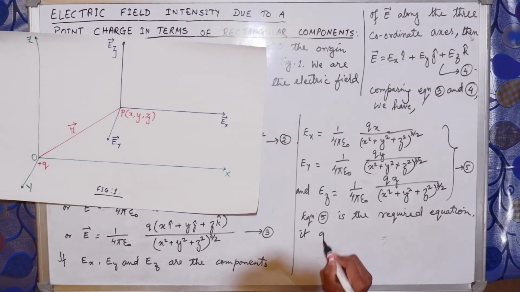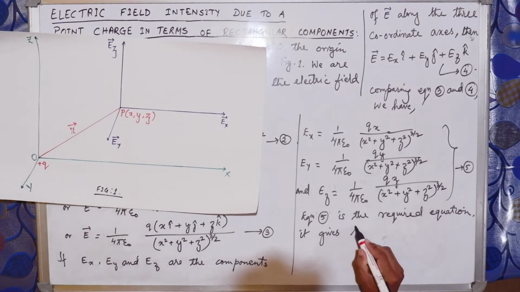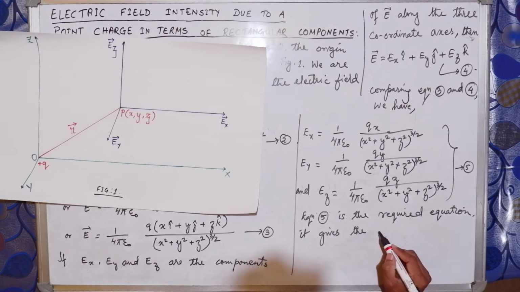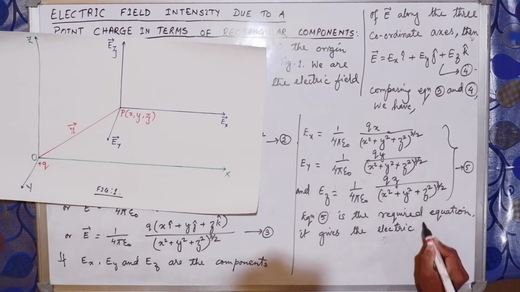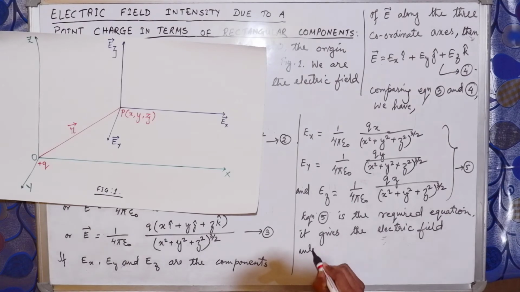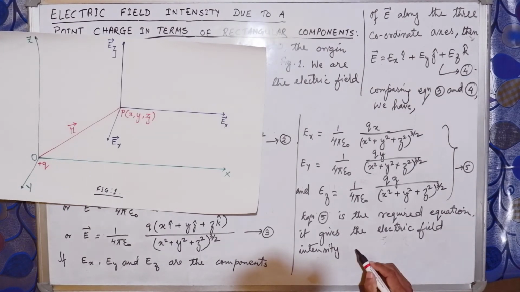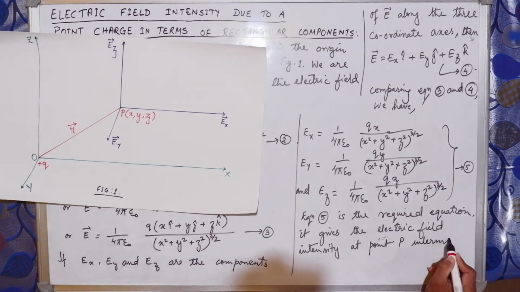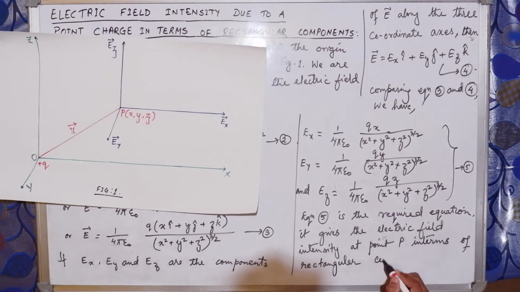It gives the electric field intensity at point P in terms of rectangular components, because in equation 5 we get Ex, Ey, and Ez.